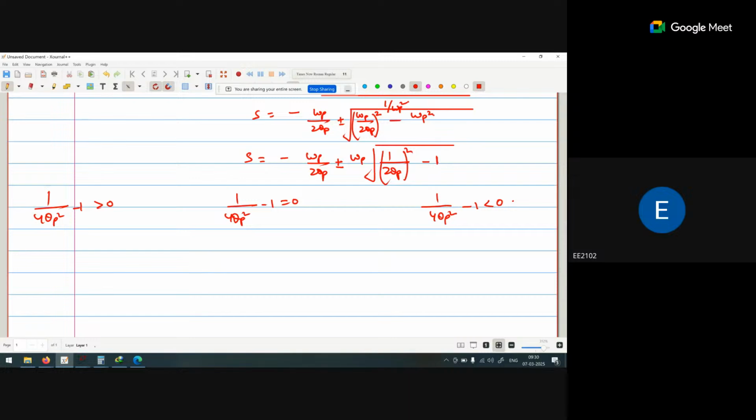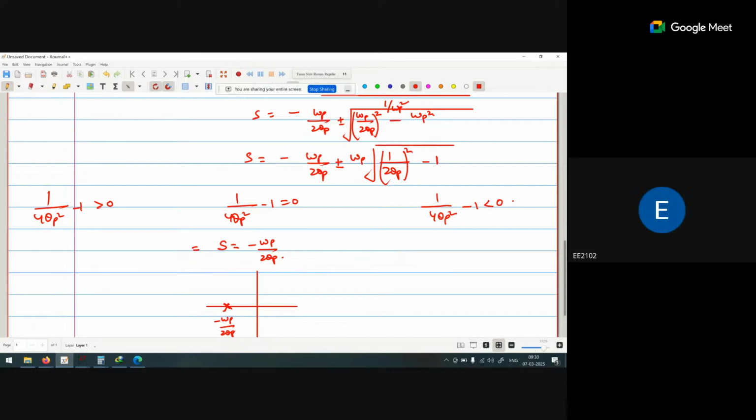Now if it is equal to 0, we have s equal to minus omega p upon 2 qp. So two poles are available and the position of these two poles is the same, minus omega p upon 2 qp. Why two poles?